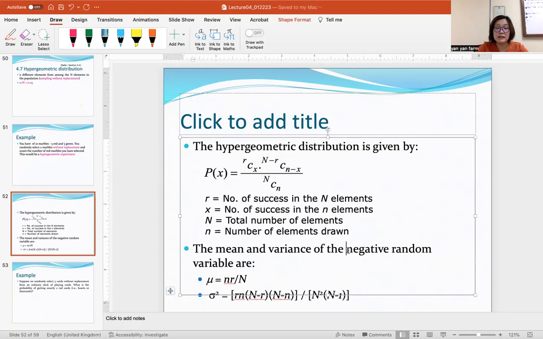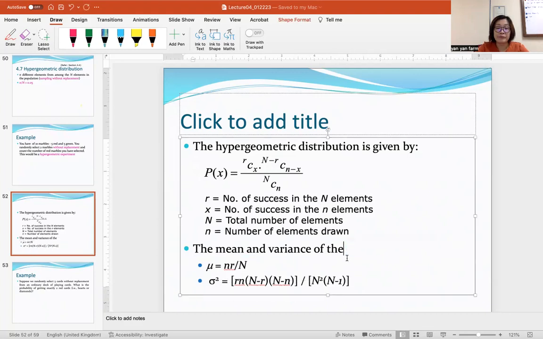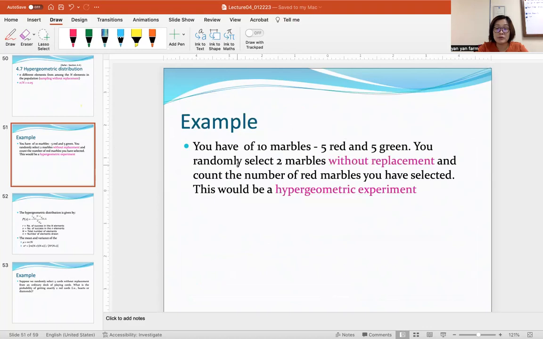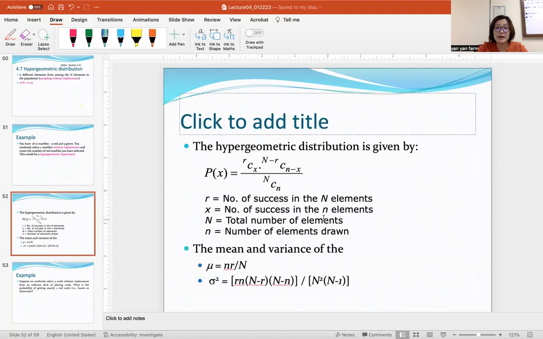Okay, so the mean and variance for the hypergeometric distribution is: n is the number of elements drawn, r is the number of successes over the total number of elements. For example, I have 10 marbles, so the big N is 10. And then I draw out two marbles. The small one is n, 2.